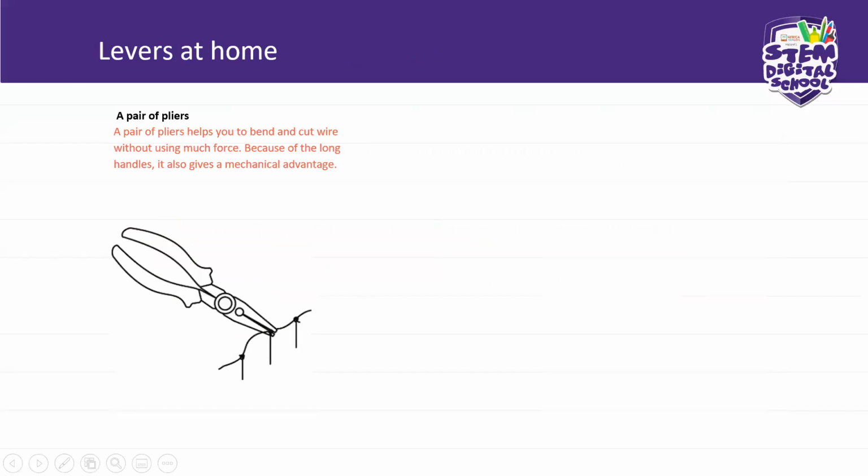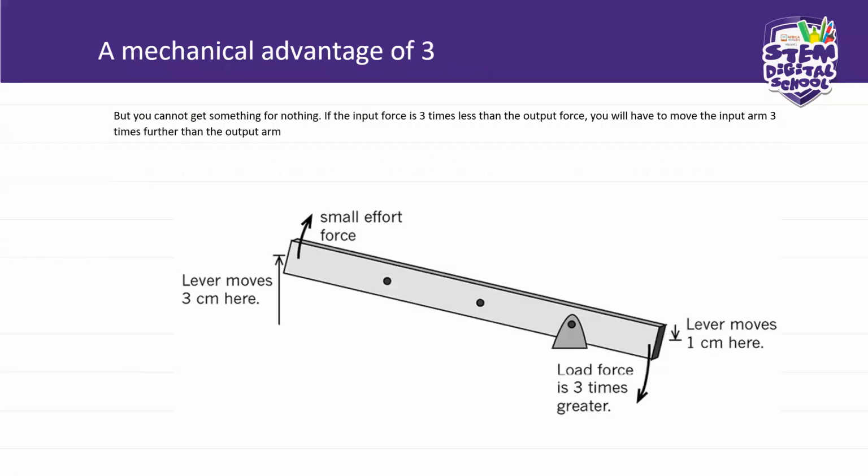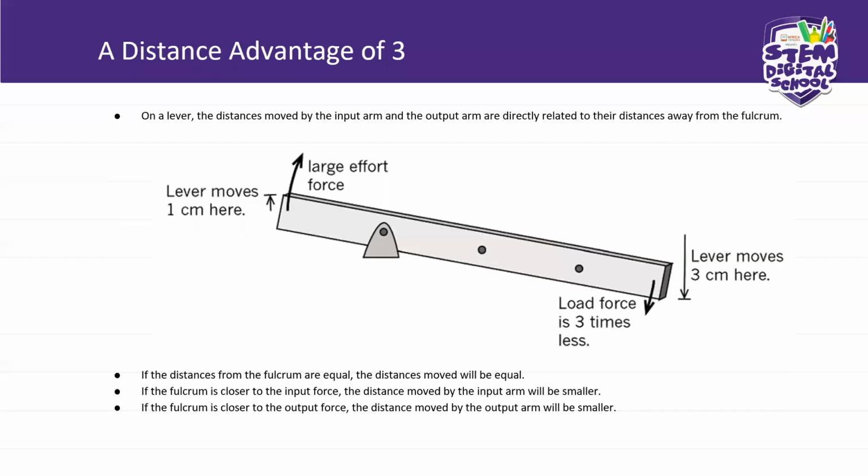So I want you to see the difference between a distance advantage and mechanical advantage. Let us look at a distance advantage of 3. On a lever, now the effort and the load have changed positions.